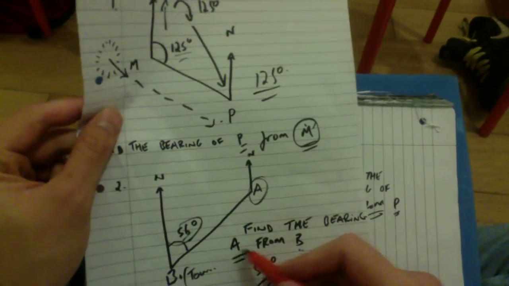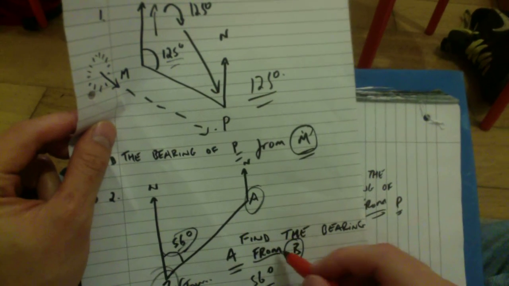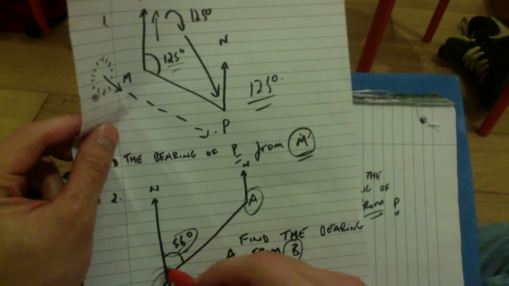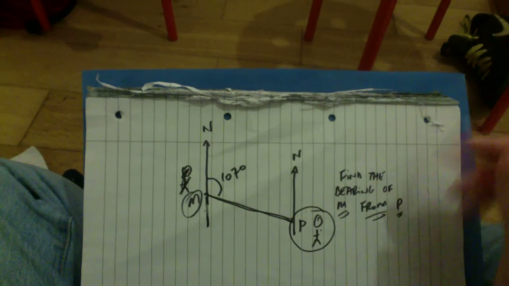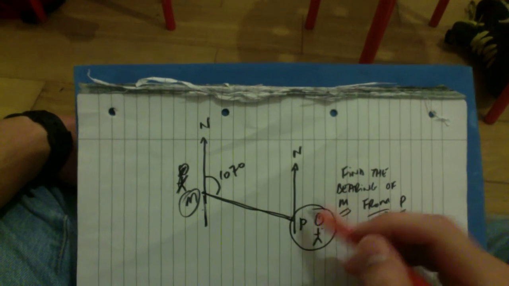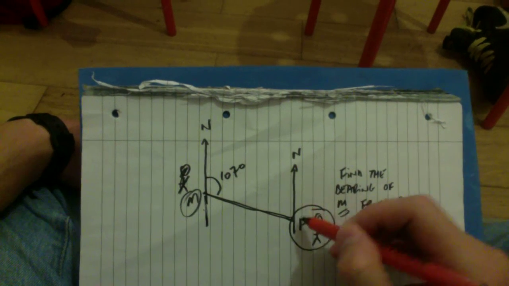Find the bearing of A from B. So we start from here. So whatever letter comes after "from", so from B, that's where you start from. That's the angle you're starting from. So from P, we're starting from here. So we're trying to work out what direction, what angle this guy needs to take to get from P to M.